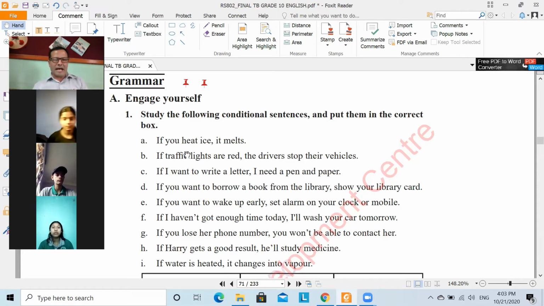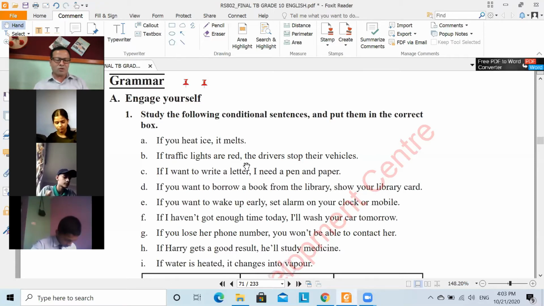If you hit ice, the first example, it melts. The next one is, if traffic lights are red, the drivers stop their vehicles. You just see the structure of the sentences, the subject and verb of the clauses given here.